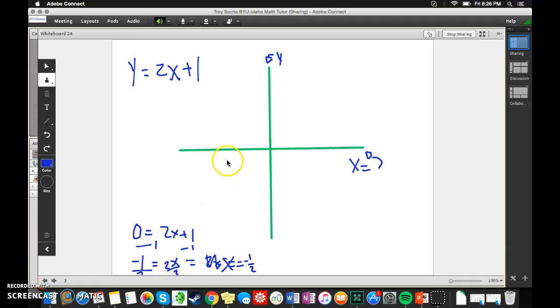And we get negative 1/2. So at negative 1/2, in between 0 and negative 1, this point here is 0, 0. It's called the origin. Our x-intercept falls somewhere right there.